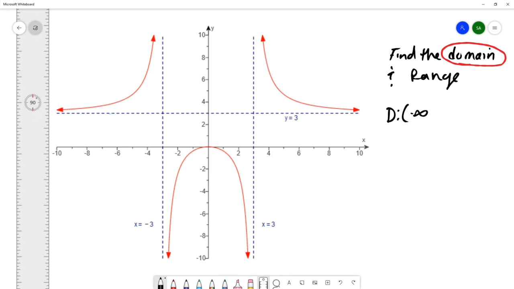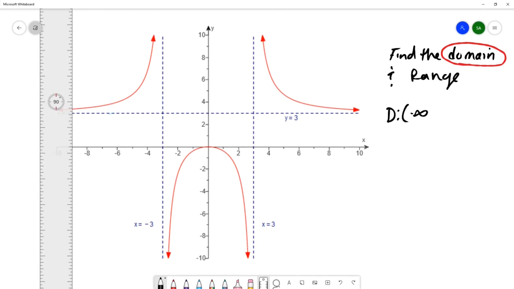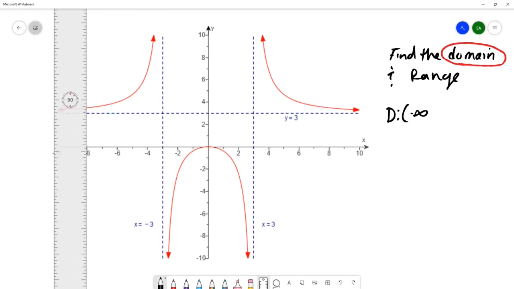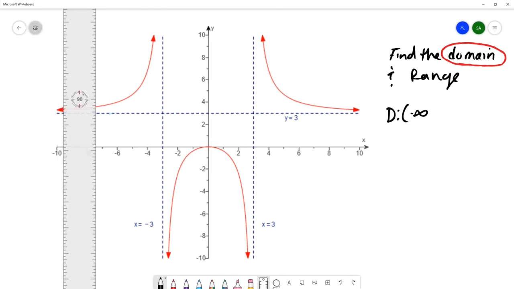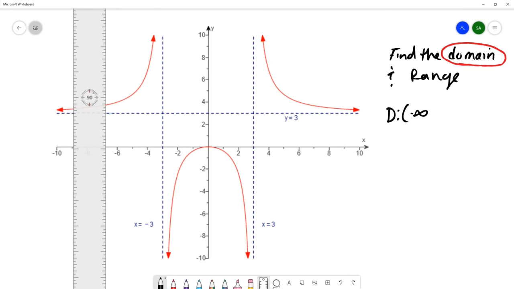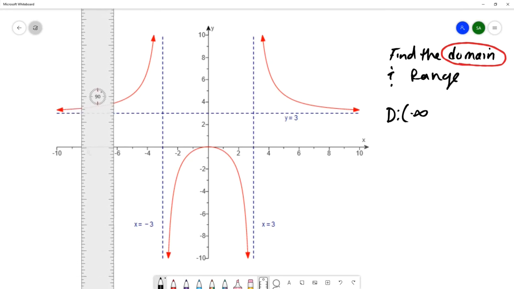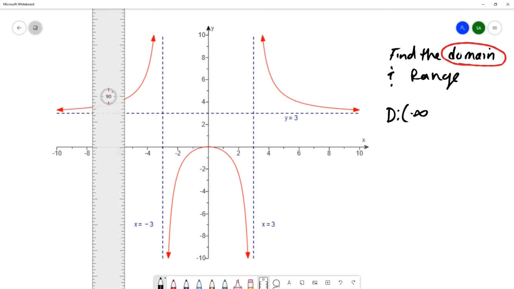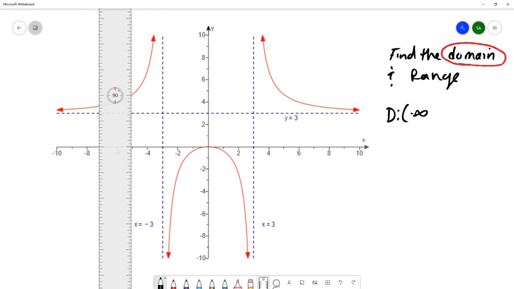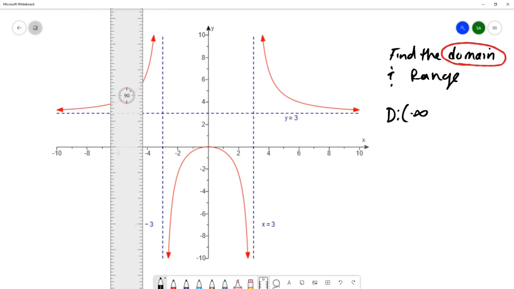So I've established when the domain starts. Now I'm going to start moving my ruler to see when it stops. And as I'm moving my ruler, I can see that my ruler is touching the graph. So that means that my domain hasn't stopped yet, and it's going to continue on. Remember what we said this arrow over here means.